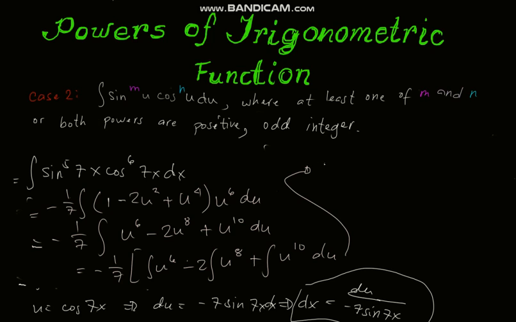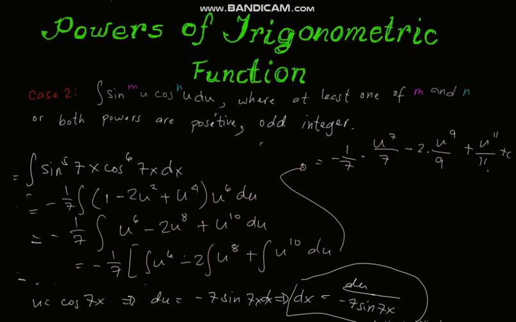So this becomes negative 1 over 7 times u raised to 7 over 7 minus 2 u raised to 9 over 9 plus u raised to 11 over 11 plus c.